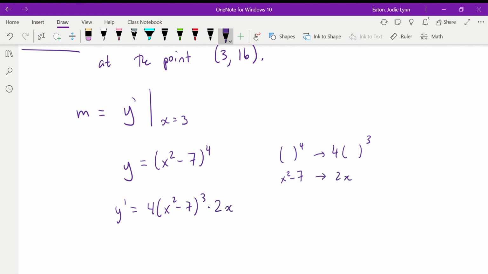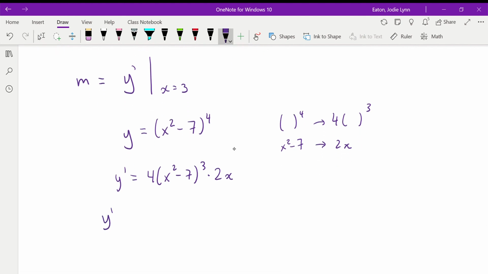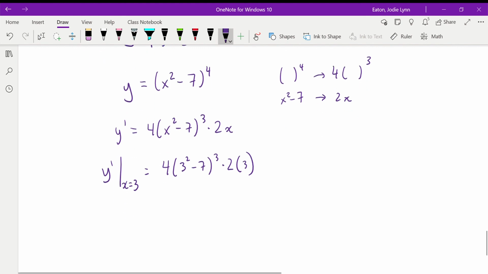So now I'm going to evaluate y prime at x equals 3: 4 times (3 squared minus 7) cubed times 2 times 3. So 3 squared is 9, minus 7 is 2, cubed is 8. 8 times 4 is 32, and 32 times 6 is 192.